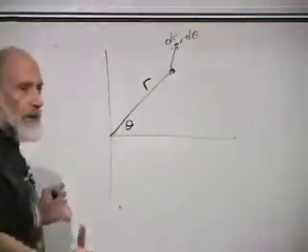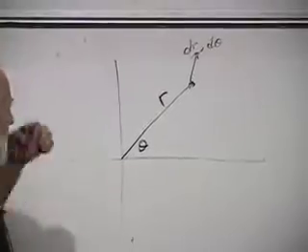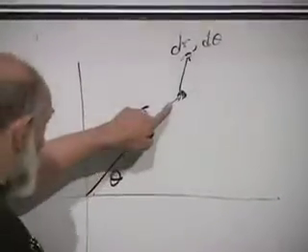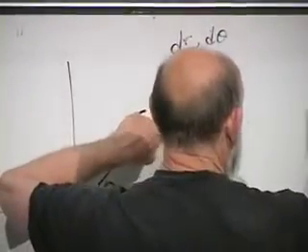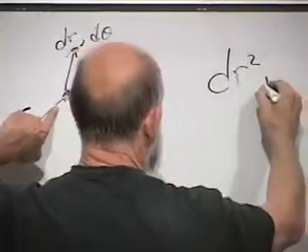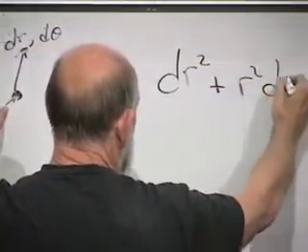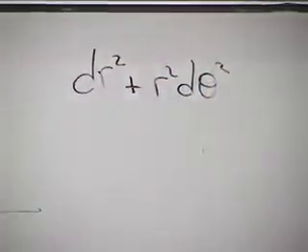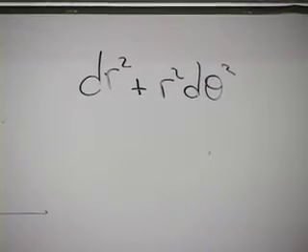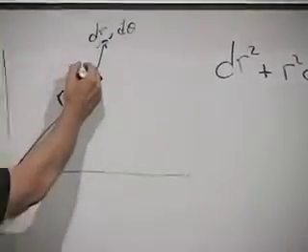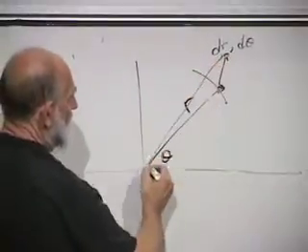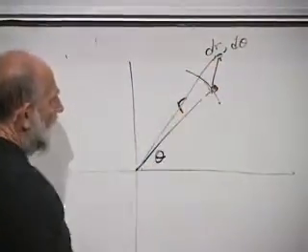I'm going to write down the answer for you. You can check it yourself. The answer is very simple: dr squared plus r squared d theta squared. Why is it r squared d theta squared? D theta is just the change in angle between these two points.